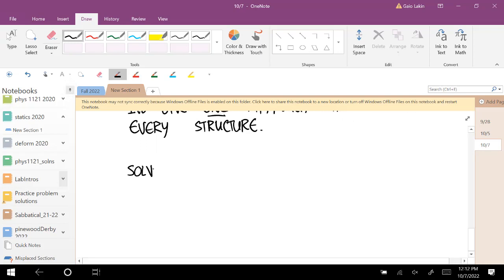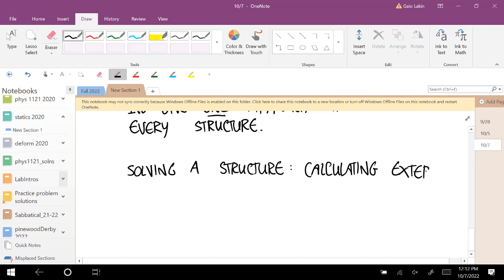So what does it mean to solve a structure? Solving a structure means calculating the external loads acting on each body.